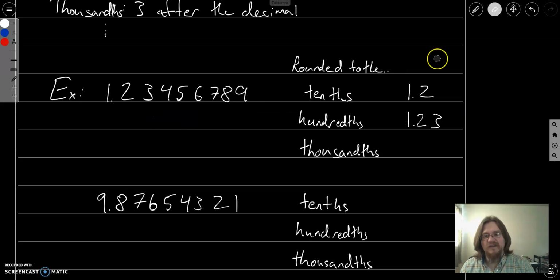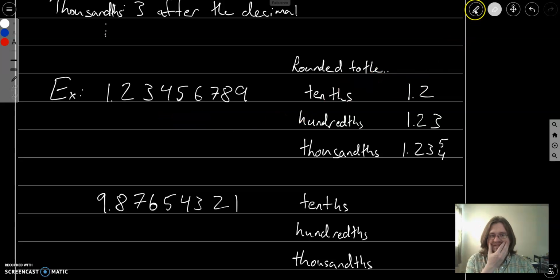Okay. And then let's do the thousandths place. So again, we come out to the thousandths place. So this is going to be three places after the decimal. This is going to be 1.23, and then I have one last number that I need to put here for the thousandth place. And it's either going to be a 4 or a 5, and I just have to choose. Do I write a 4 there, or do I write a 5 there?